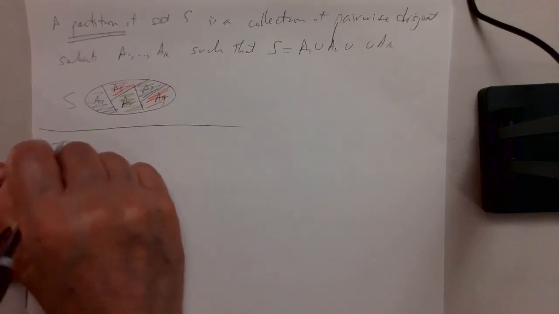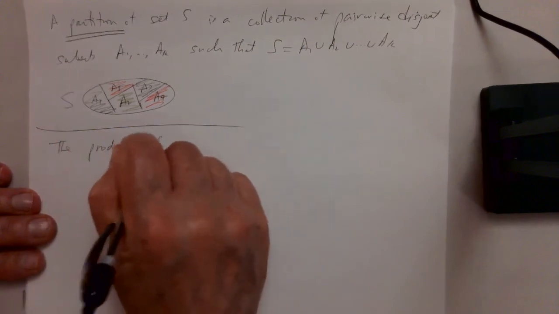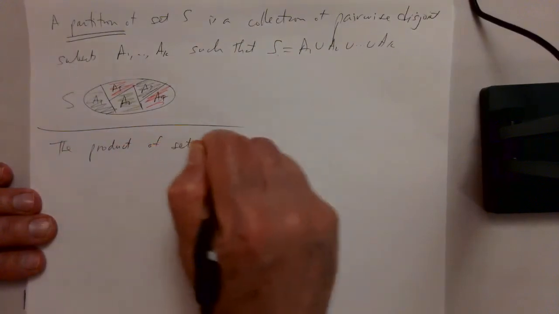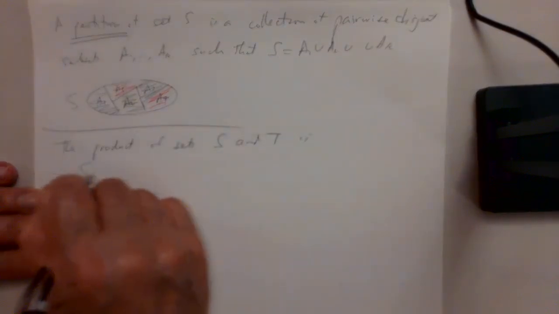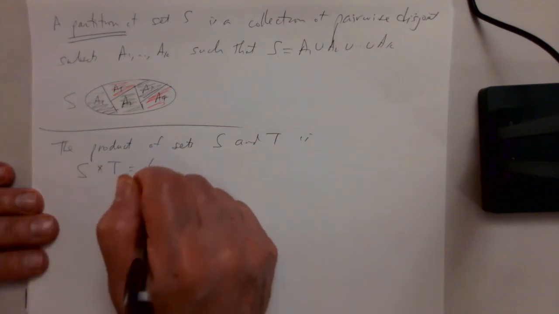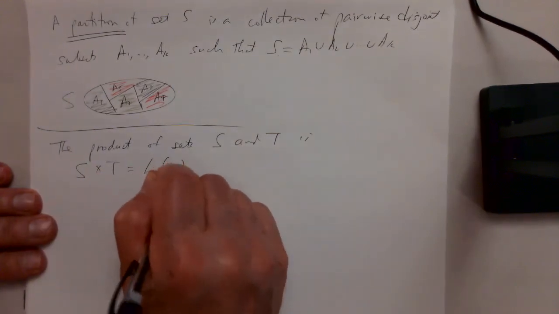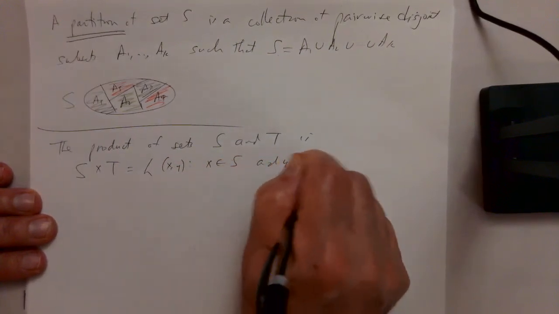So the product of sets S and T is the set which is written as S times T, which is all ordered pairs (x, y), where x is in S and y is in T.